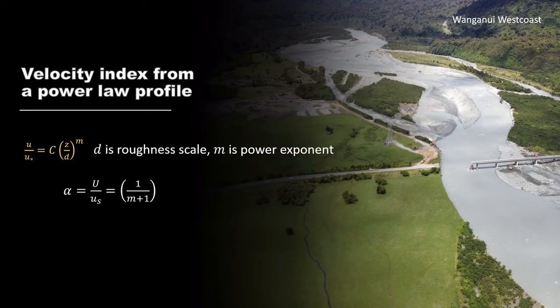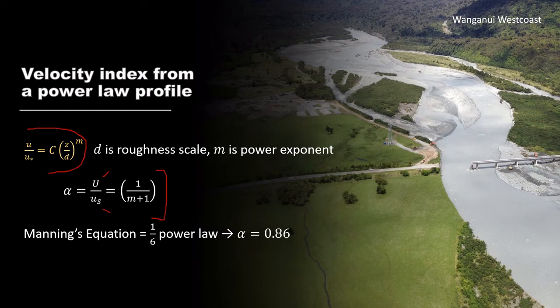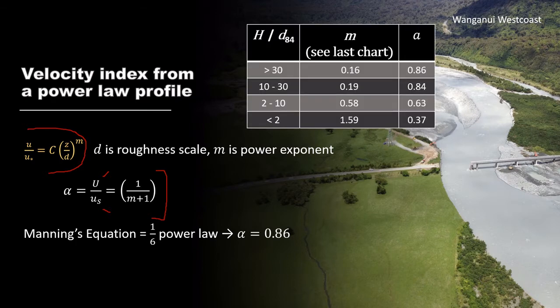If we take our generic power law equation and do the same thing as before and divide the mean velocity by the surface velocity, we get an equation for alpha that only depends on m, the exponent of the power law. You recall for Manning's equation as a power law, we had a 1/6 exponent, and this gives an alpha of 0.86, which is what we would expect. Now, if we go back to the data from our last graph, we had a range of relative depths, and these had a range of exponents that were appropriate.